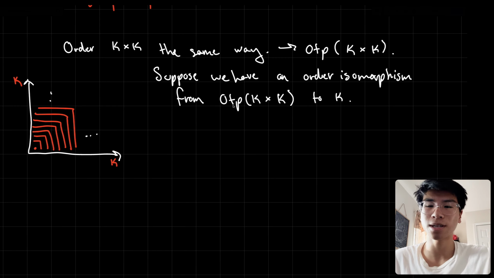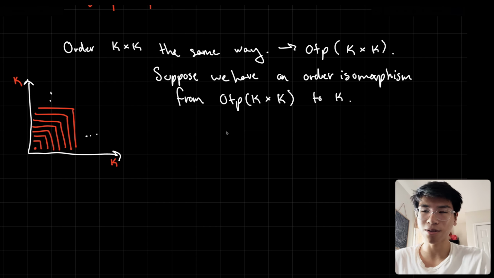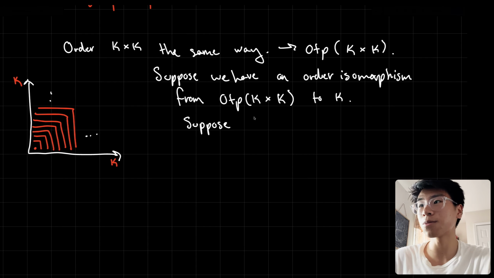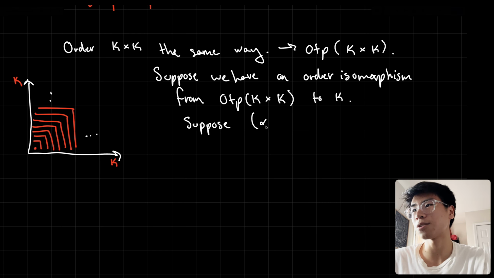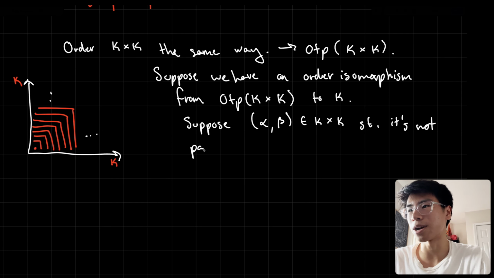Now further suppose that not all of the order type of kappa crossed with kappa has been paired through the order isomorphism. In other words, suppose that there is some pair (alpha, beta) in kappa crossed with kappa such that it's not paired through the order isomorphism.